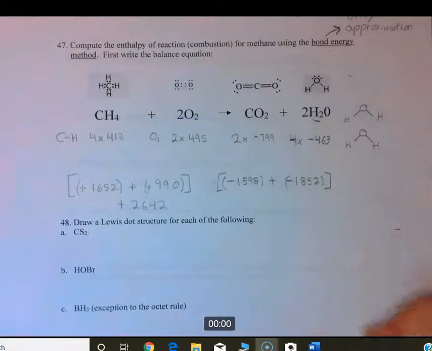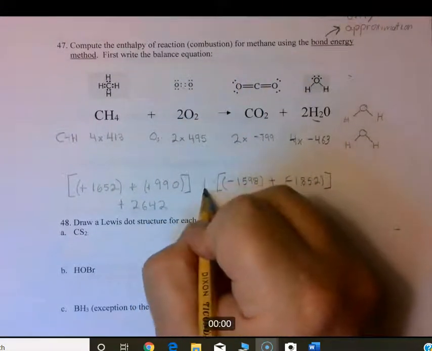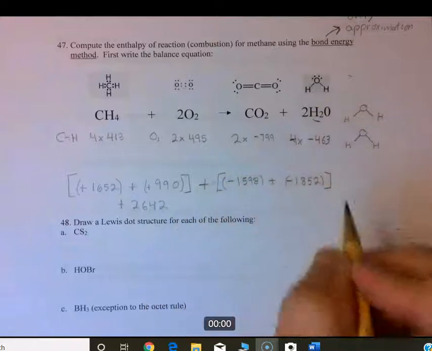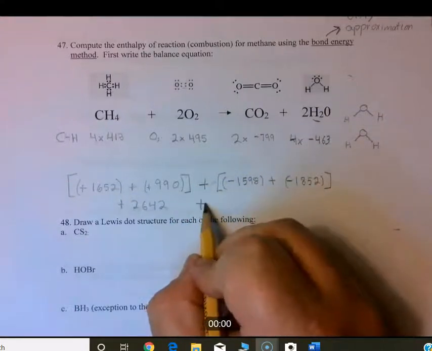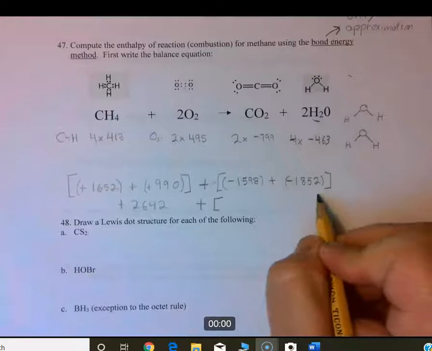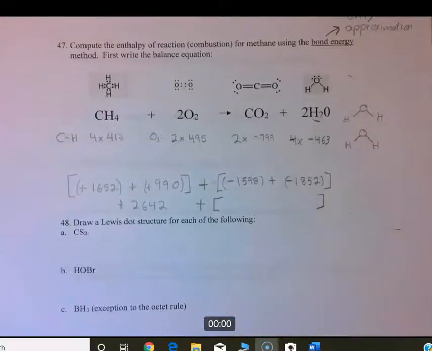And I should have, rather than put an arrow there, should have been a plus sign. We're going to add those two. Remember, these are negative numbers over here. So we're going to add that to this. We're just adding up all of the energies on both sides. So it's not a products minus reactants like it was for enthalpy of formation.